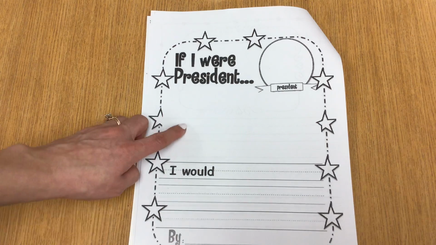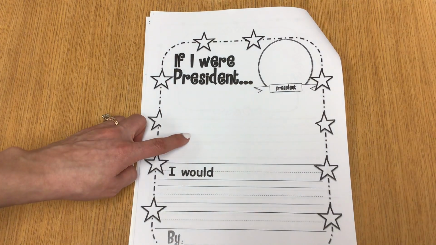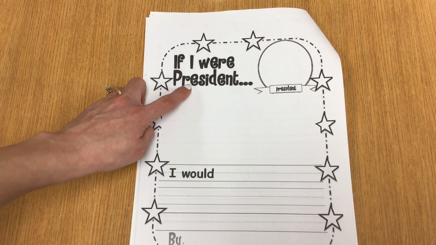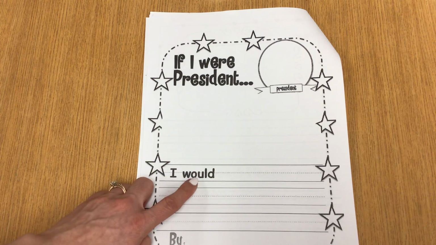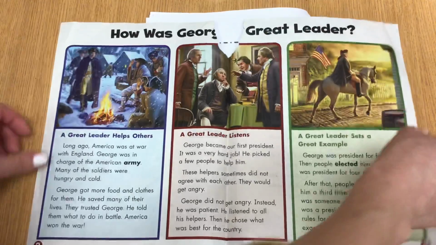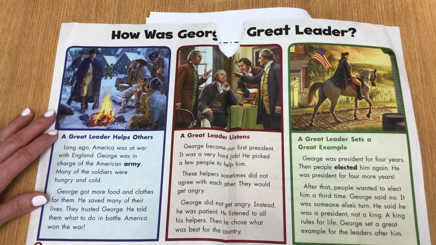You're going to draw a picture of you pretending like you are the president. And it says, if I were president, I would. So what would you do if you were president? Remember, we kind of talked about some good leadership skills that presidents have to do.